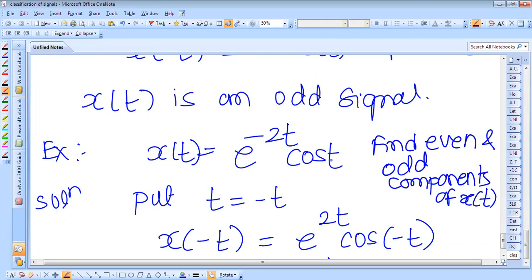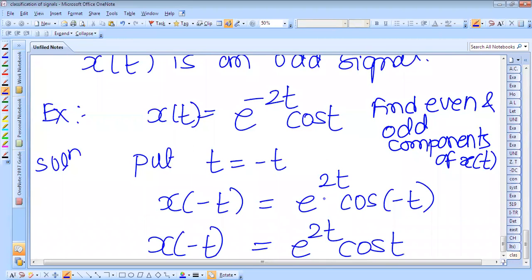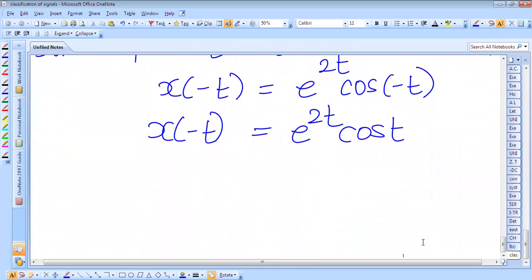What is required to find here? We have to find the even and odd component of the given function. Okay, so we have put t is equal to minus t, we have got this.